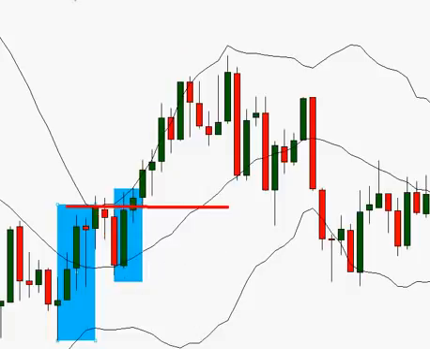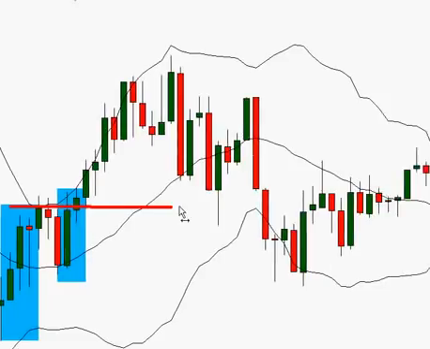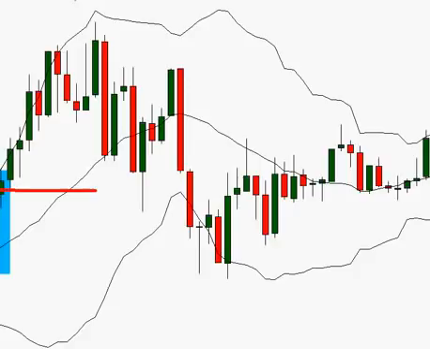One way to negate that from happening is don't take breaks of Bollinger Bands that have travelled from one side of the range to the other. Don't take breaks that are extreme in nature, where you may have a very large candle into the area and there's travel from one end of the band to the other. You want this trading at the level before the break, and you don't want consecutive candles into the break.